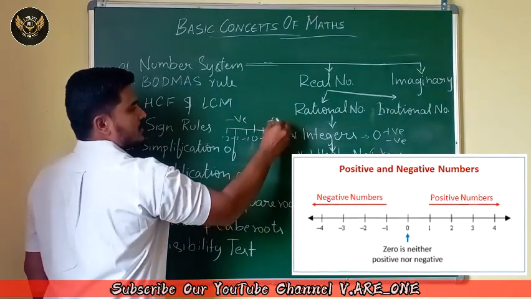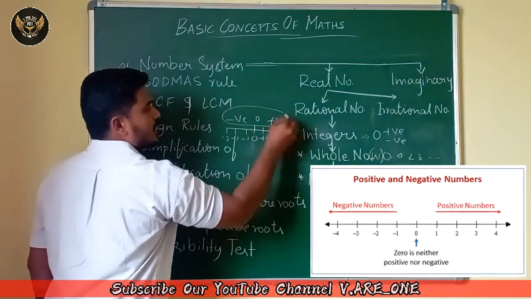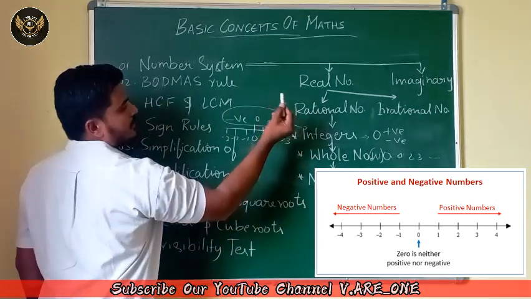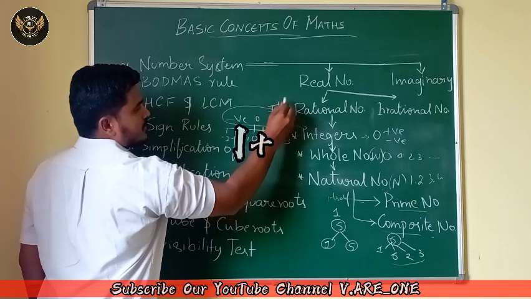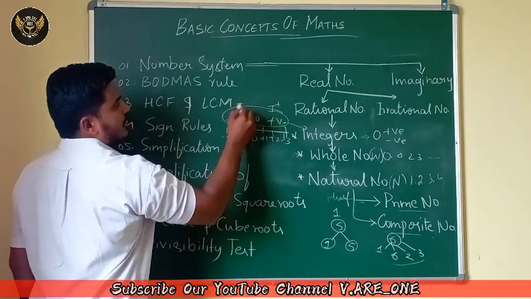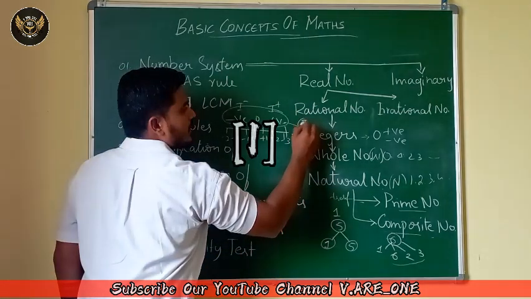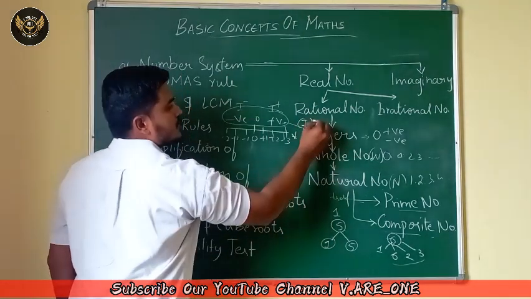Negative numbers, positive numbers and 0 together we call integers. Here positive numbers can be represented by plus, negative by minus, and integers are denoted by capital letter I or Z.